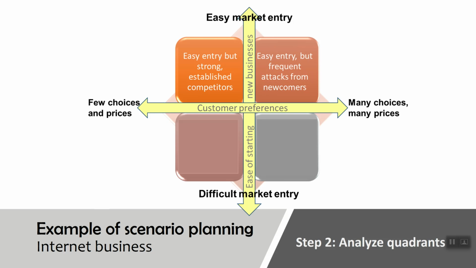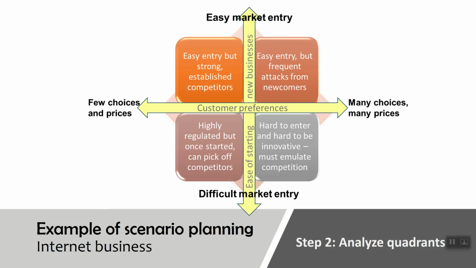The second is easy entry, but there are frequent attacks from newcomers because it's easy entry and there are a lot of choices and a lot of prices. The third, with a difficult market entry, is highly regulated, but once started, you can pick off your competitors. And the last is hard to enter and hard to be innovative, so you have to be like your competition.